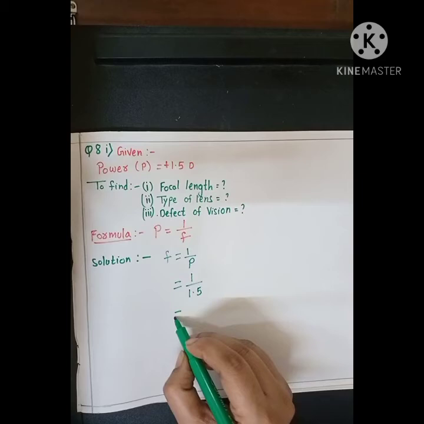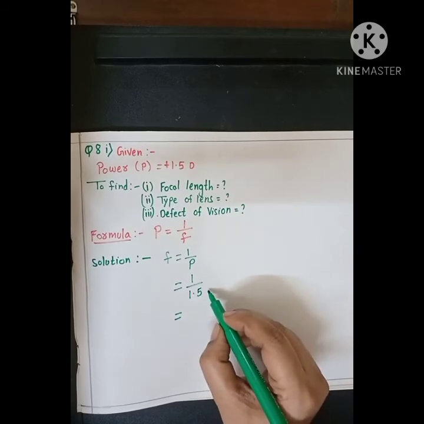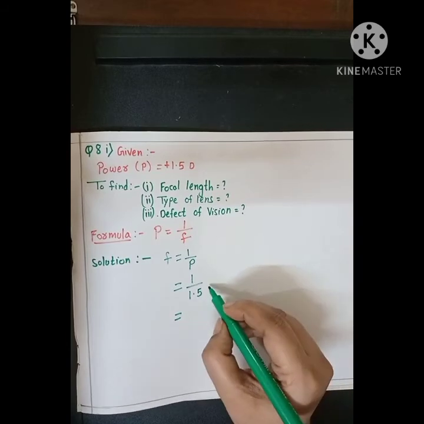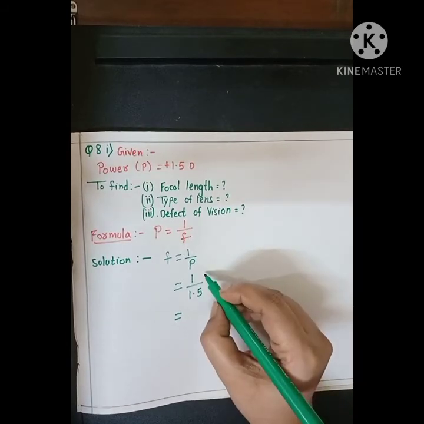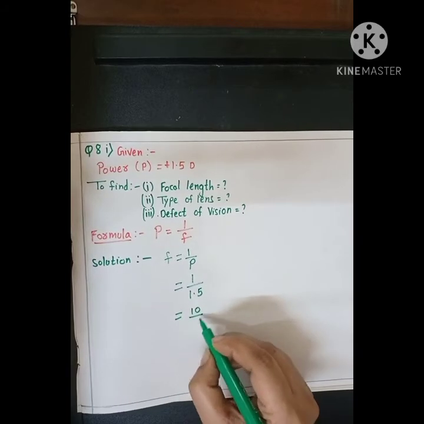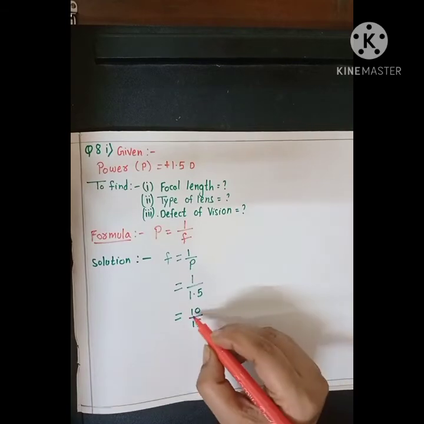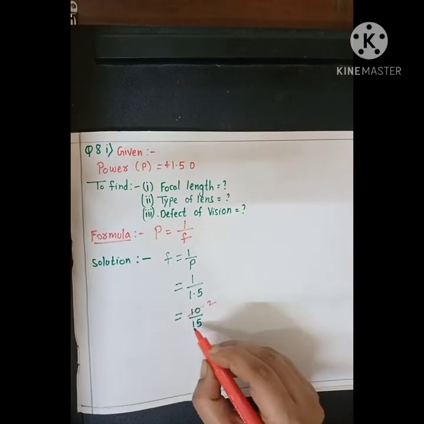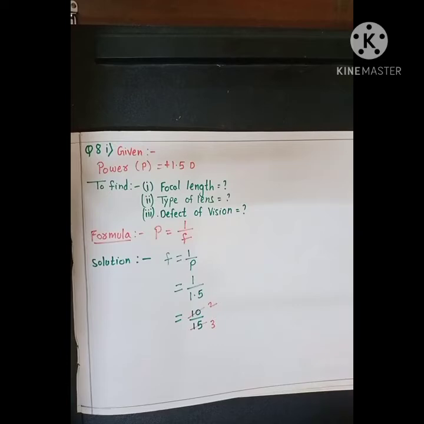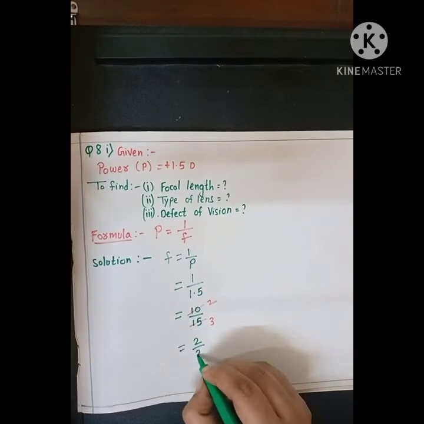Now, when we remove this decimal point by multiplying with 10 in the denominator, we also multiply with 10 in the numerator. So, it becomes 10 upon 15. After cancellation, 5 2s are 10, 5 3s are 15. We get 2 upon 3.